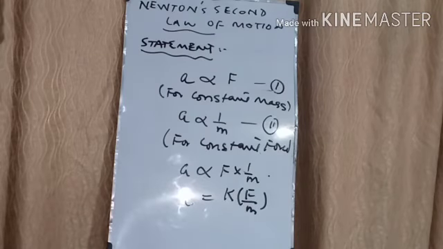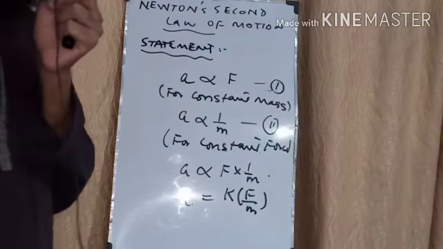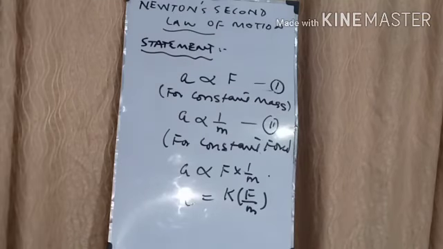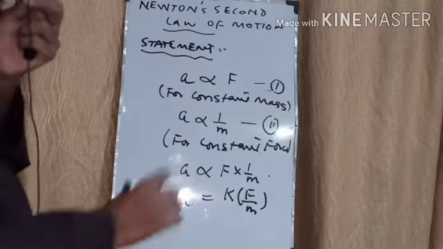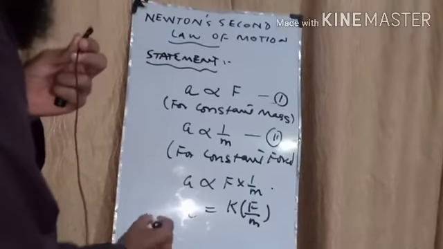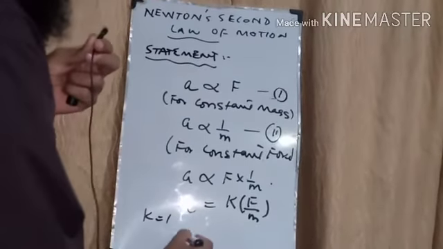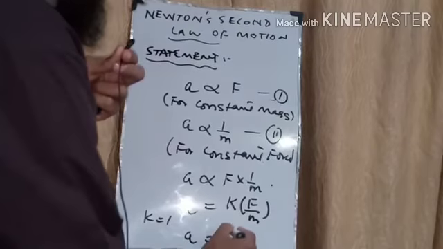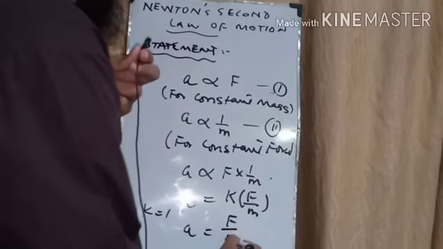If we apply unit force on a body of mass 1 kilogram, that means K equals 1, then a equals F upon m.